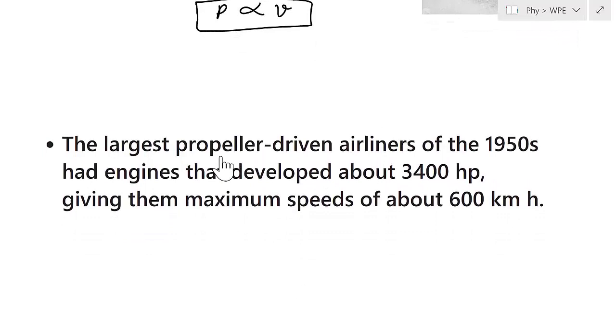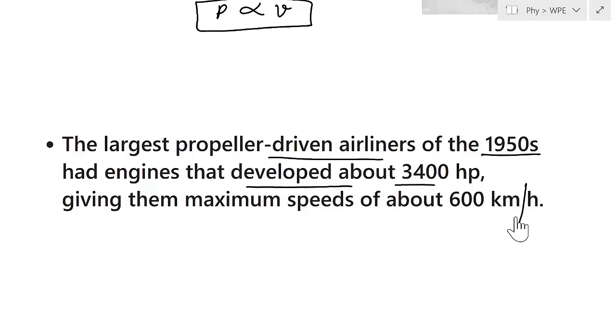The largest propeller driven airliner in around the 1950s had engines that developed about 3,400 horsepower, giving them a maximum speed of 600 kilometers per hour.